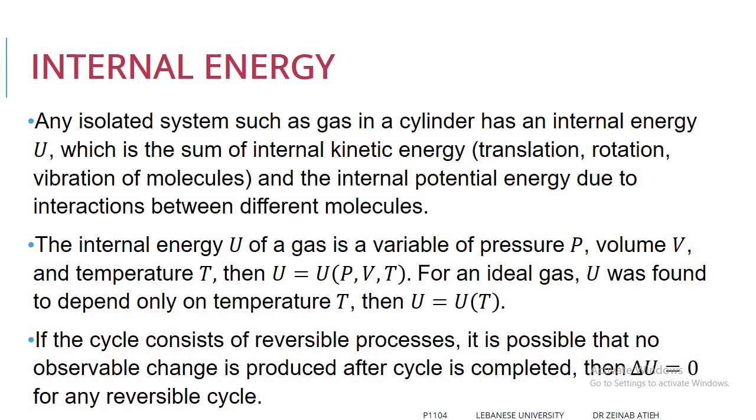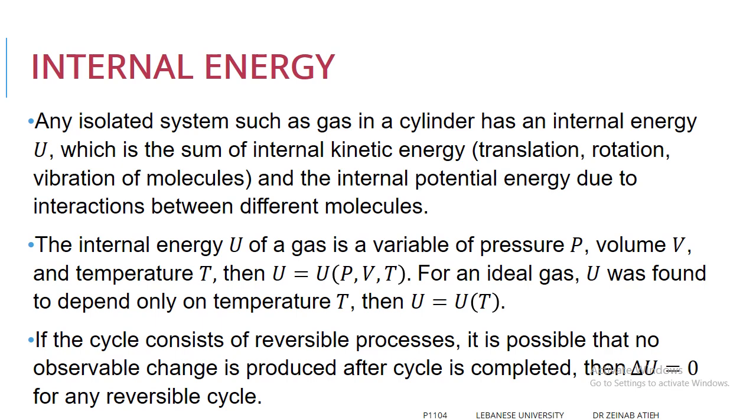So whatever the initial and the final states of the gas were, if we started from T1 and we ended up at T2, we will always get the same variation of internal energy.